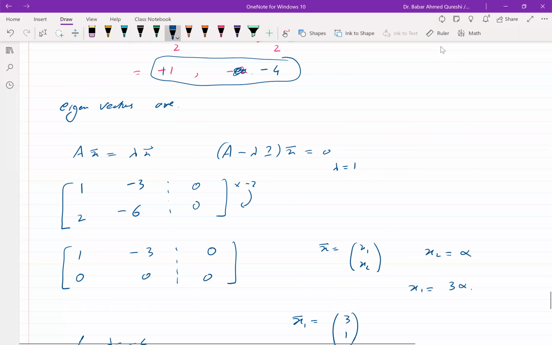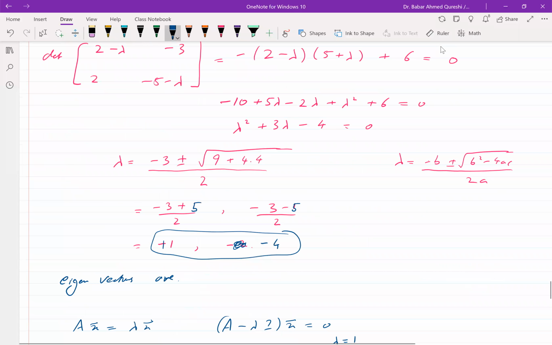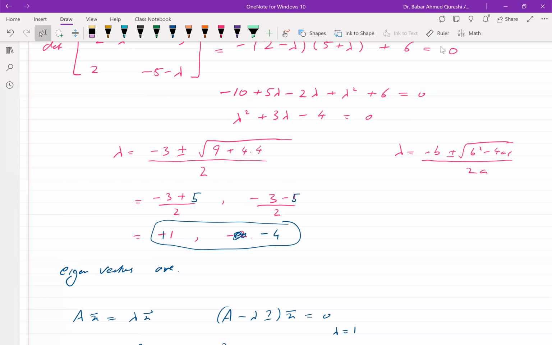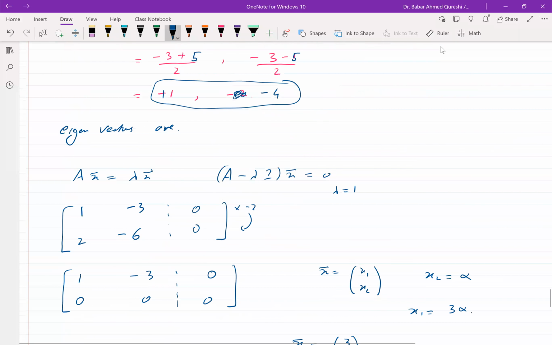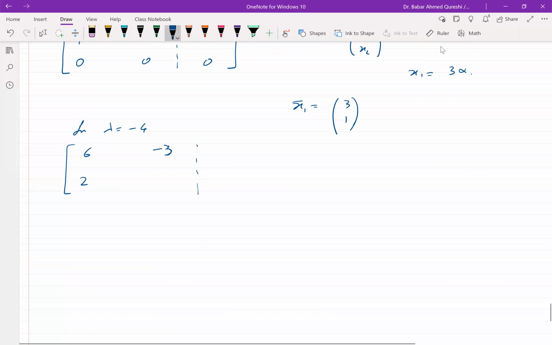And over here, I had a minus 5 and minus of minus 4, so minus 5 plus 4 is a minus 1. I can first divide by 3.